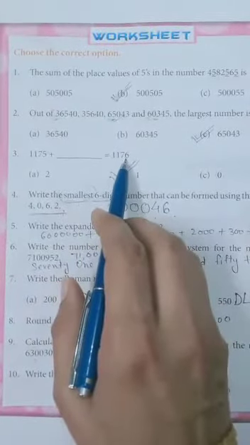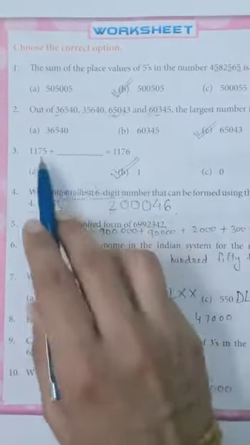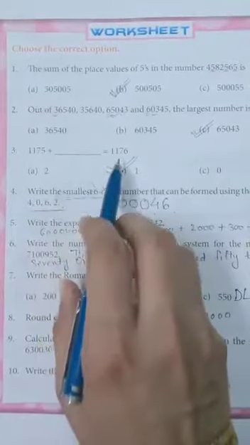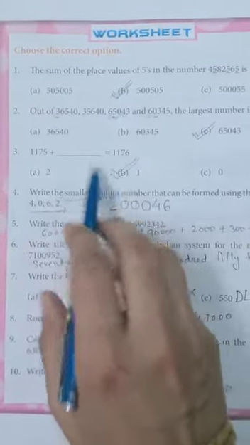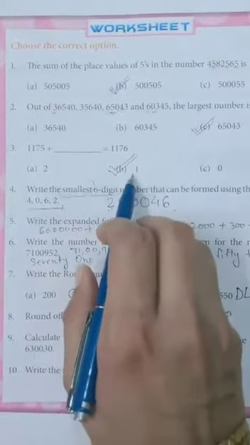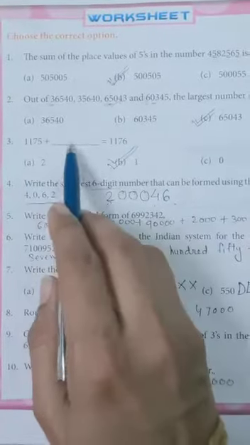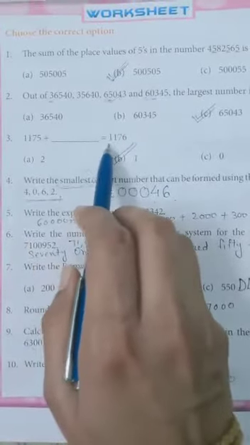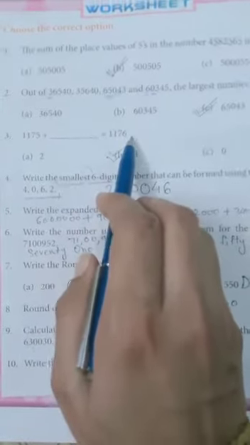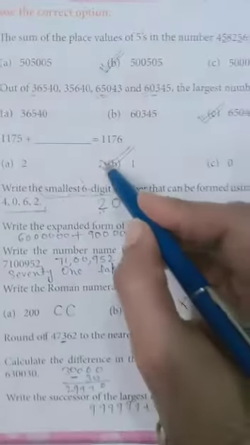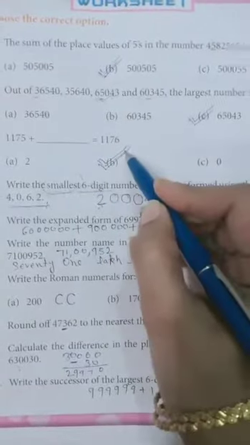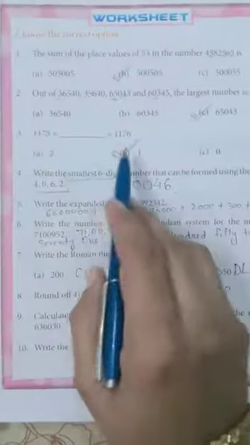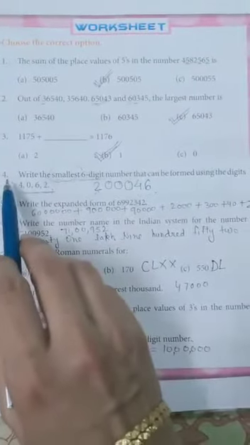If we subtract 1,175 from 1,176, we will get the answer, which is 1. Or in a simple way, whenever you add 1 to 1,175, you will get 1,176. So what is the correct answer? The correct answer is option B. Got that?